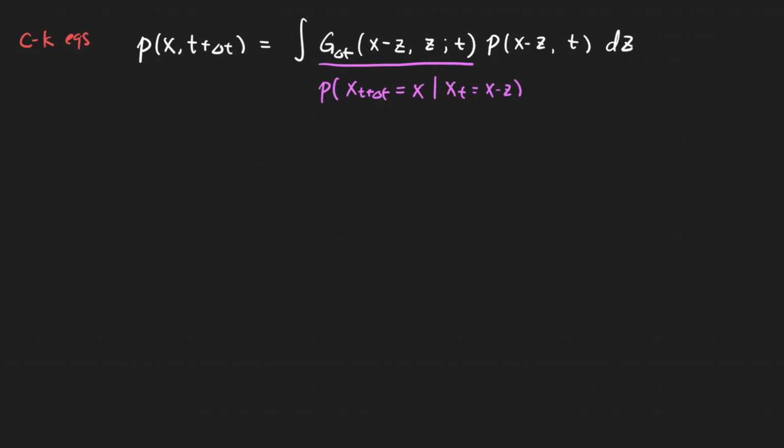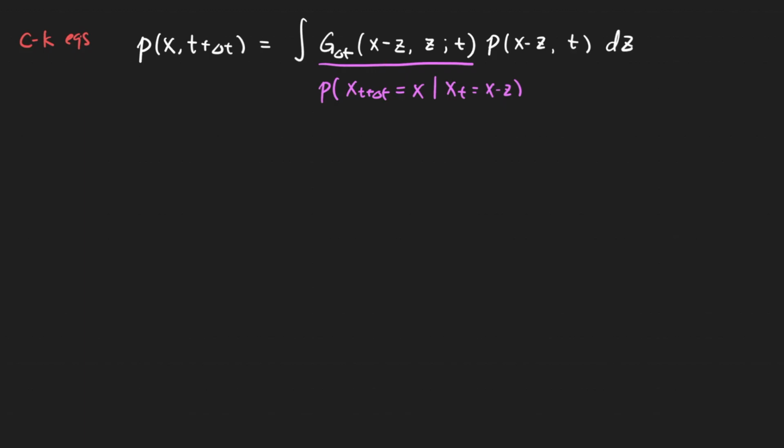Now, in order to perform the Taylor expansion, we need to consider the product of these two functions together. So in the case of the heat equation, we only expanded the second probability here. We didn't expand the first, because the first probability is the same regardless of the starting position. But the challenge here is that the transition probability varies according to the starting position. So we need to include that in the Taylor expansion.